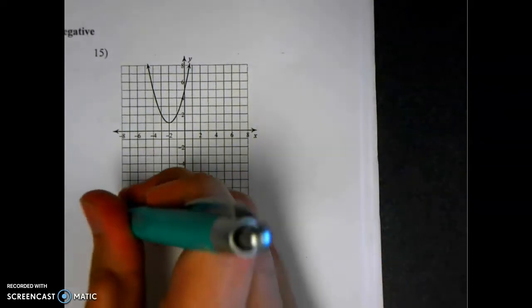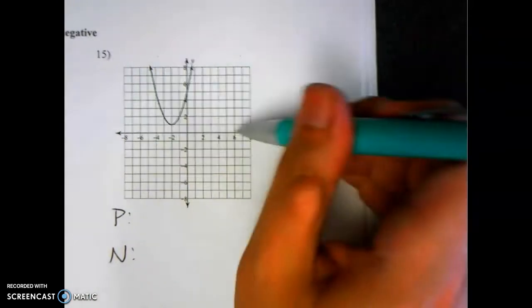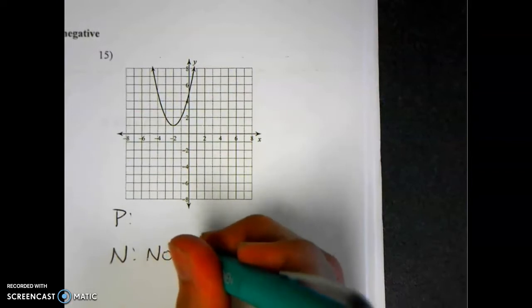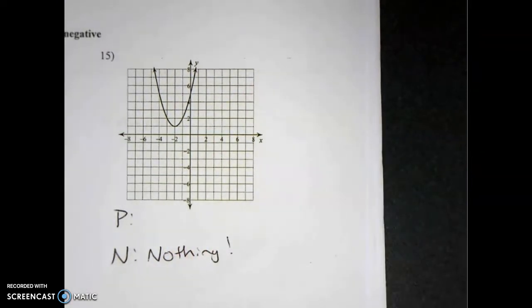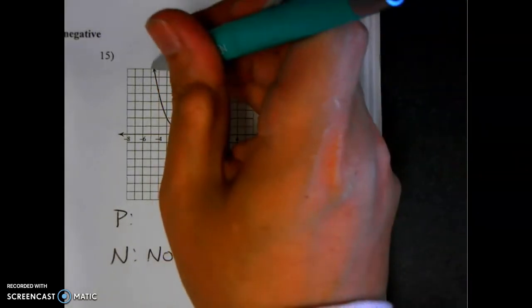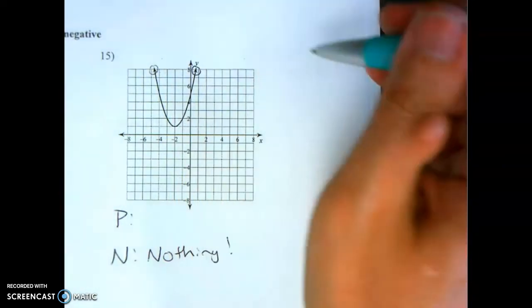Okay, welcome back. So for this one, I go to make my cuts. If you notice, there's nothing below that line. So there's nothing, or none, for negative. Everything's positive. So now my endpoints, all the way to the left is here, and all the way to the right is there.